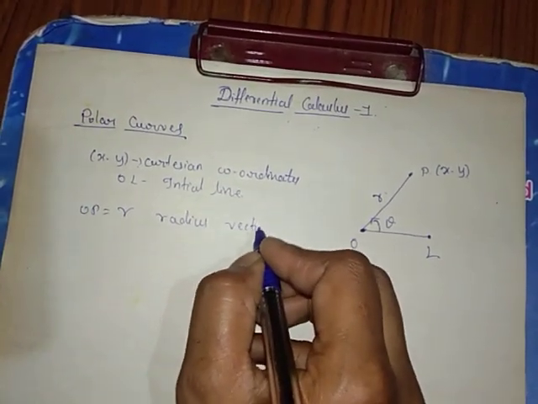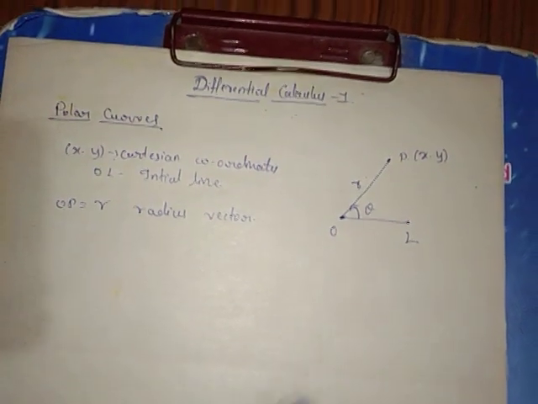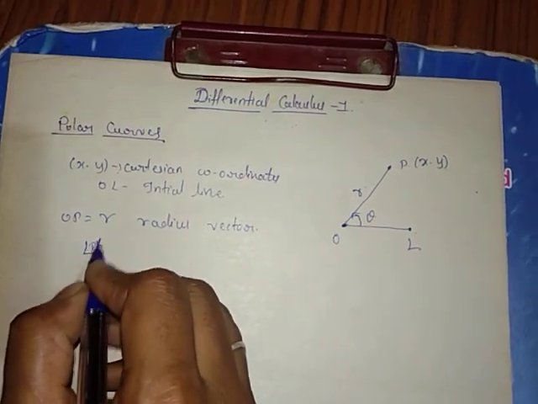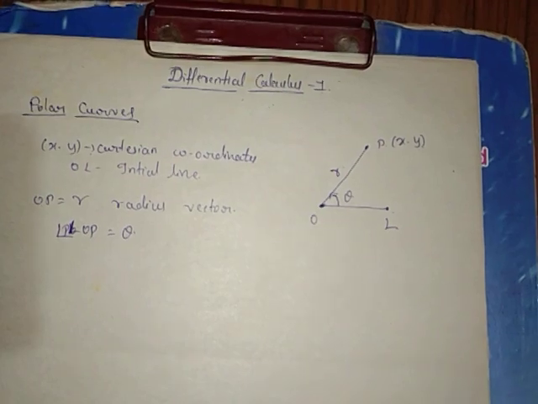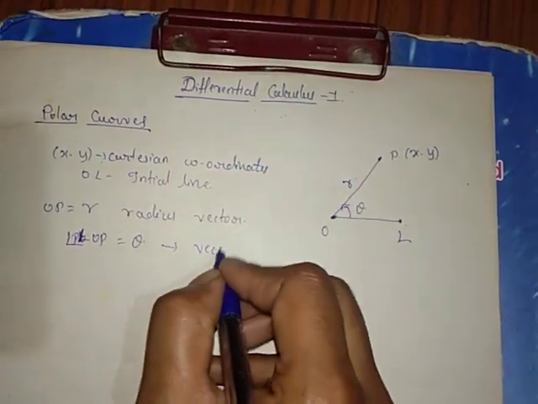It is called the radius vector of the point P, and the angle LOP is called theta, that is measured in the anti-clockwise direction. That is also called the vector angle.